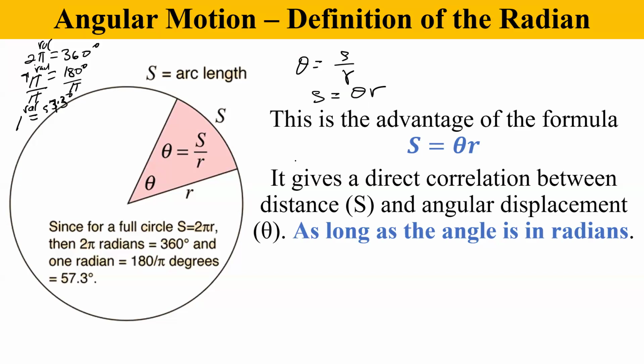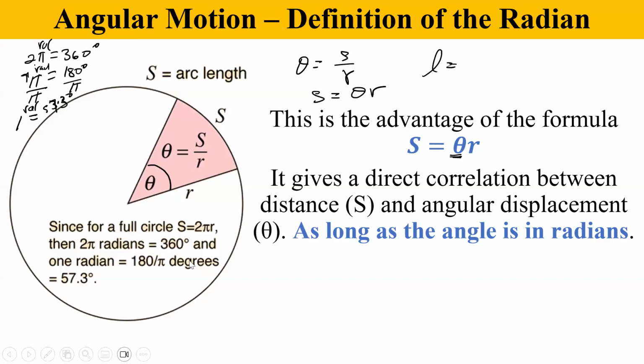It gives you your displacement, a direct correlation between the distance S and the angular displacement theta, as long as the angle is in radians. We remember we talked about the length of an arc, and this is the parallel to it, but in terms of S and theta, where the angle is mapped out for that segment.